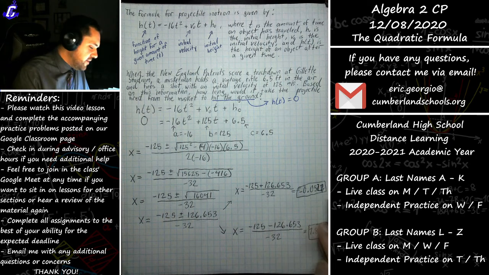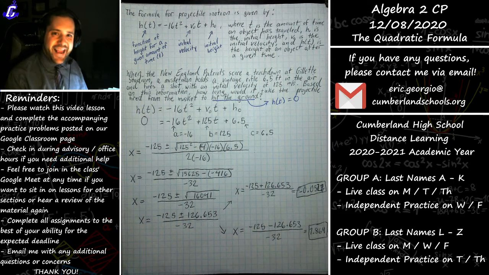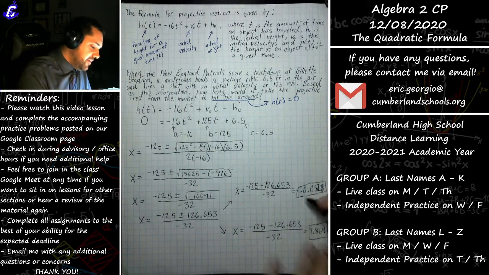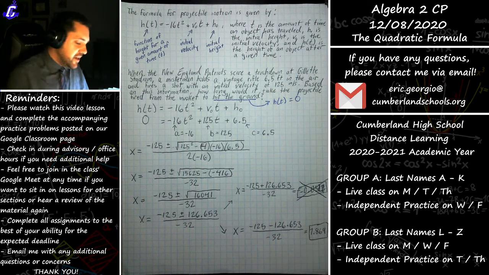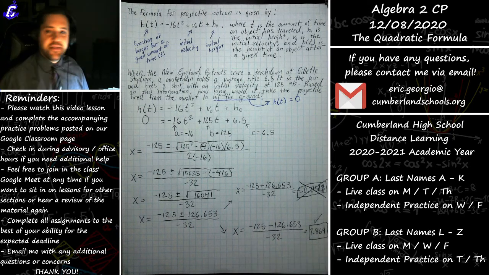But regardless, this doesn't make any sense in the context of my problem. We can't have something take a negative amount of time. So using a little logical thinking, I would say it doesn't make sense to have a negative amount of time. I'm going to eliminate that answer and say that it has to be the 7.864 seconds.